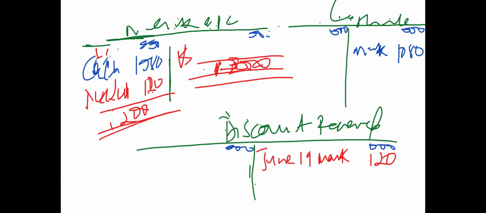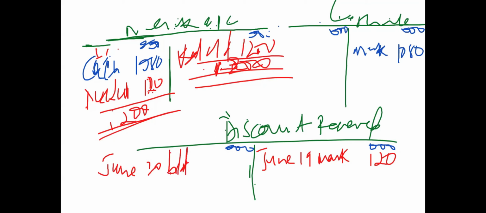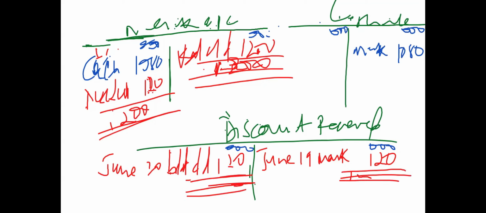So balance carried down of 1.2. So this one is going to be June 30th, balance carried down of 120. So we close off that 120. Even this one is 120.